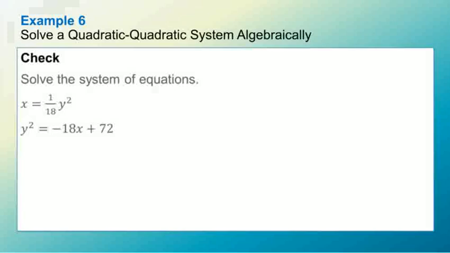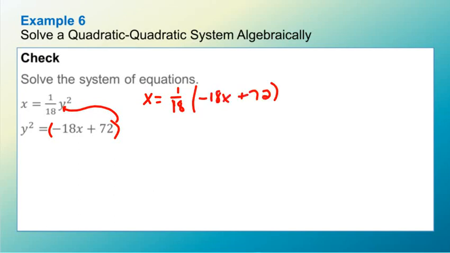Next one, solve this one. Solve the system of equations x equals 1/18 y squared and y squared equals -18x plus 72. So we can use substitution here. Since this is what y squared equals, I can substitute that in for this y squared, and I get x equaling 1/18 times a negative 18x plus 72.